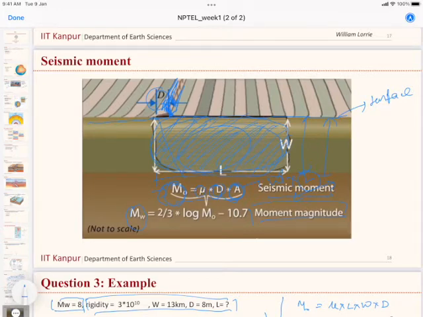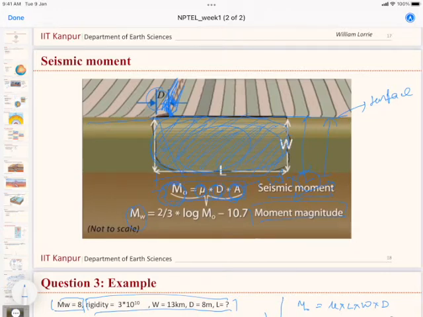When the fault ruptured, since there is a friction coefficient, only once the earthquake energy surpasses that friction coefficient would there be a movement along the fault. That's why we have considered this rigidity factor in this calculation.